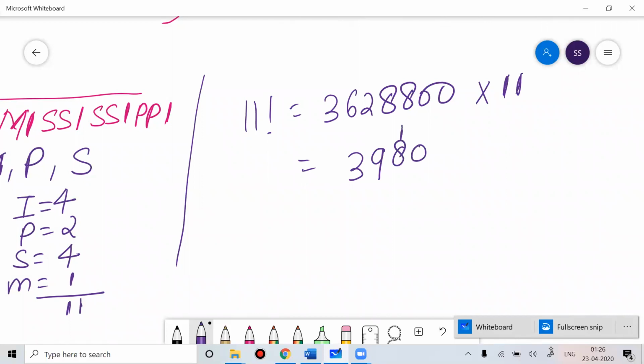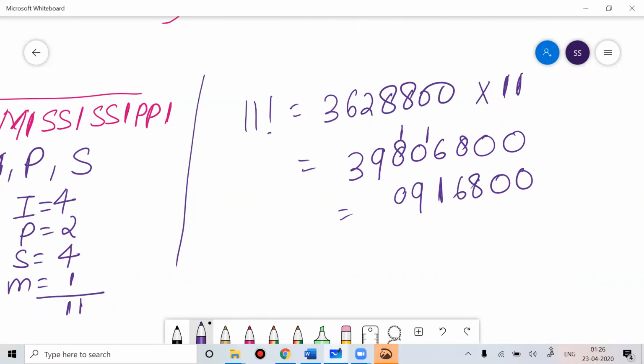So 3, then 3 plus 6, 9, 9 plus 6 plus 2, 8, then 6 plus 2, 8, then 8 plus 2, 10, then 8 plus 8, 16, 8 plus 16, then 8 plus 0, 0, 0 plus 0, 0 and 0. Then I believe your answer will be 39916800. I believe this is 11 factorial.